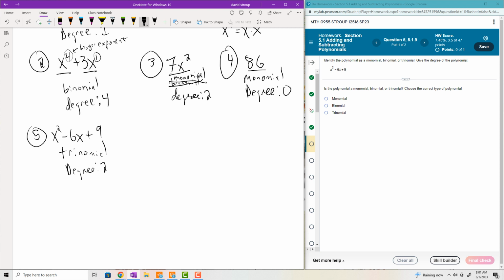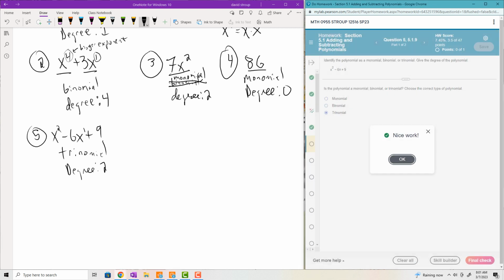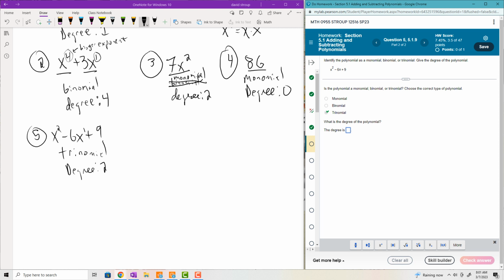So I have in the first term x squared, and the second term is x to the first power, and then the third term is x to the 0 power. So it goes 2, 1, 0. That's called a descending degree, okay? Which is the form we usually want. We want the highest exponent first and then everything else. So this is a trinomial, and the degree is 2.